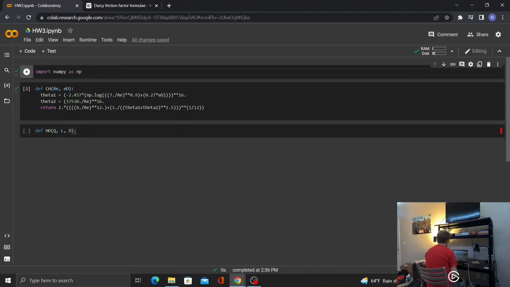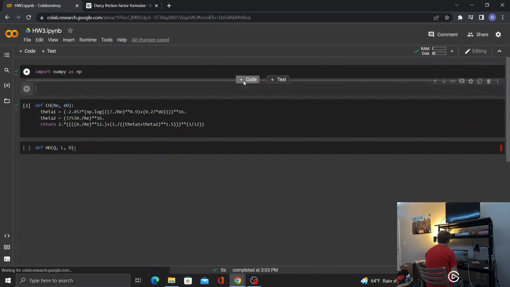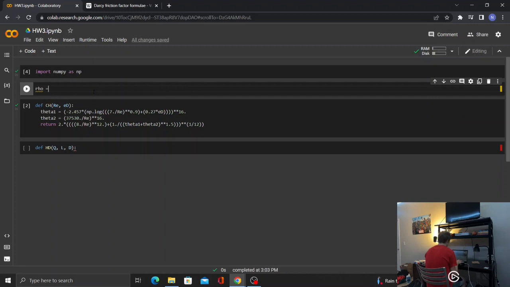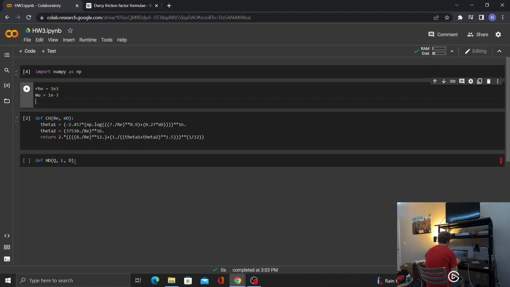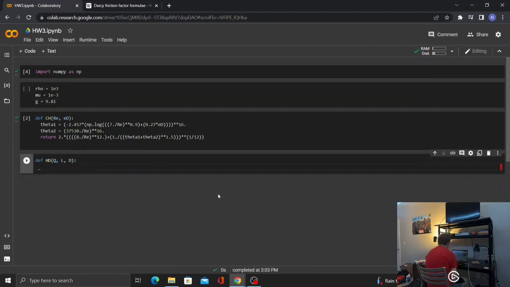So we're actually going to need to define, I'm going to add a line of code here, our density rho, and since we're just going to say it's water, so 1e3, and then we're going to need the viscosity mu, which is going to be 1e-3, and then we also need our gravitational acceleration, 9.81 as well.